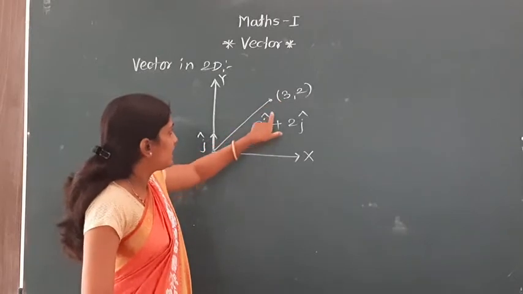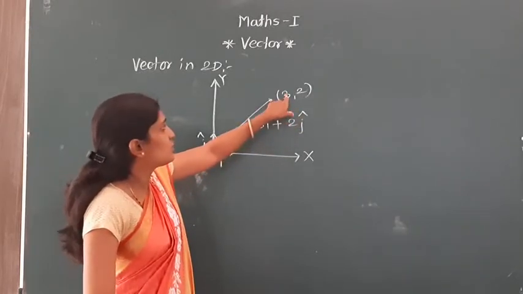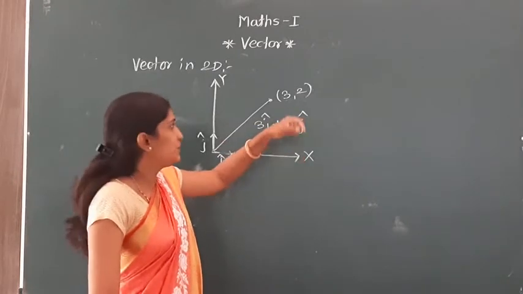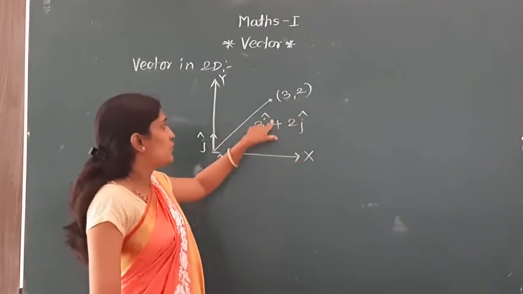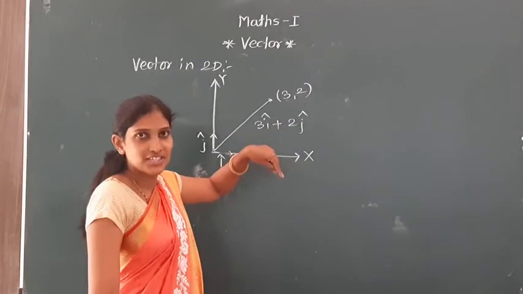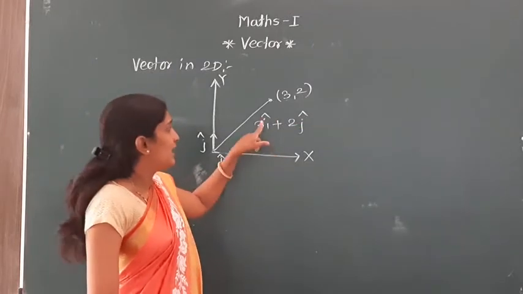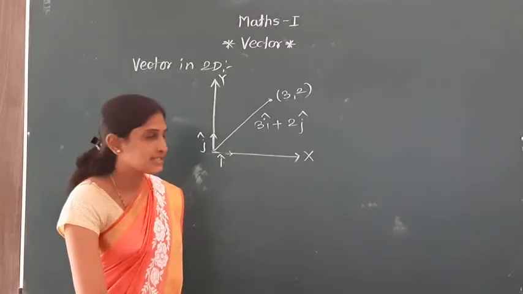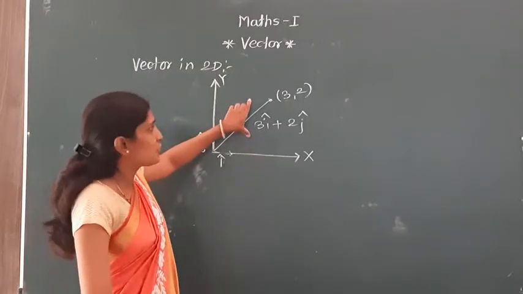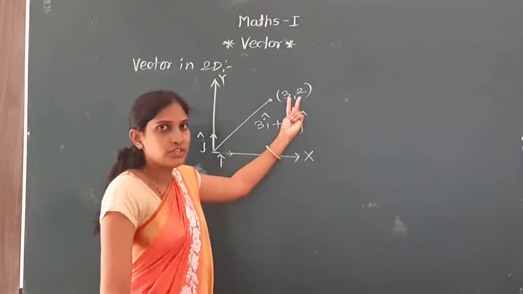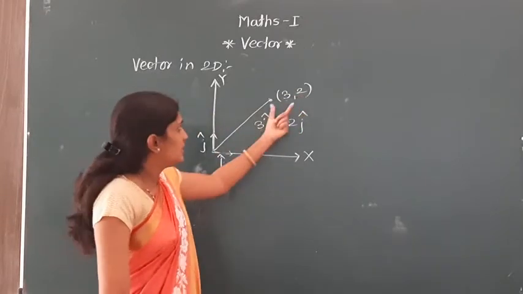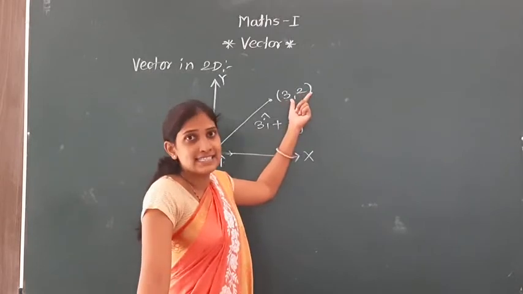If it is 1 and 2, then 1 I cap plus 2 j cap. If it is 4 and 5, then 4 I cap plus 5 j cap. I cap is along the x-axis and j cap is along the y-axis. This is in the first quadrant, so these two are positive. If it is in the second, third or fourth quadrant, only the signs change.